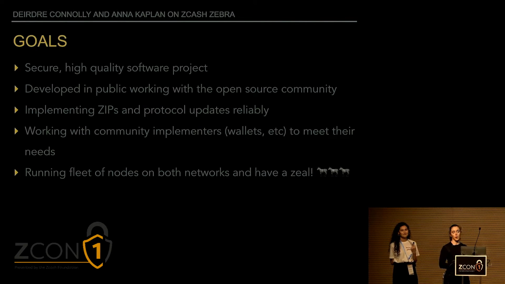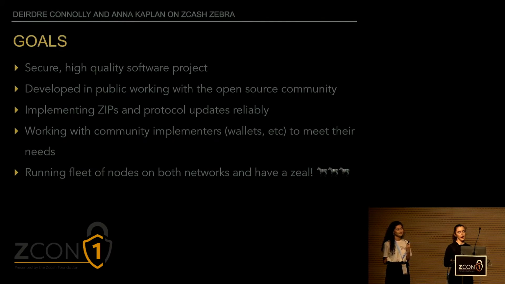So some of our goals for this project are, we want it to be a high-quality, production, secure software project developed in the open source community. We will be working extensively with the Electric Coin Company and the rest of the Zcash community on ZIPs. For the time being, we're going to be following the protocol upgrade path. We are already updated through Sapling, and we have to start working on implementing the Blossom upgrades.